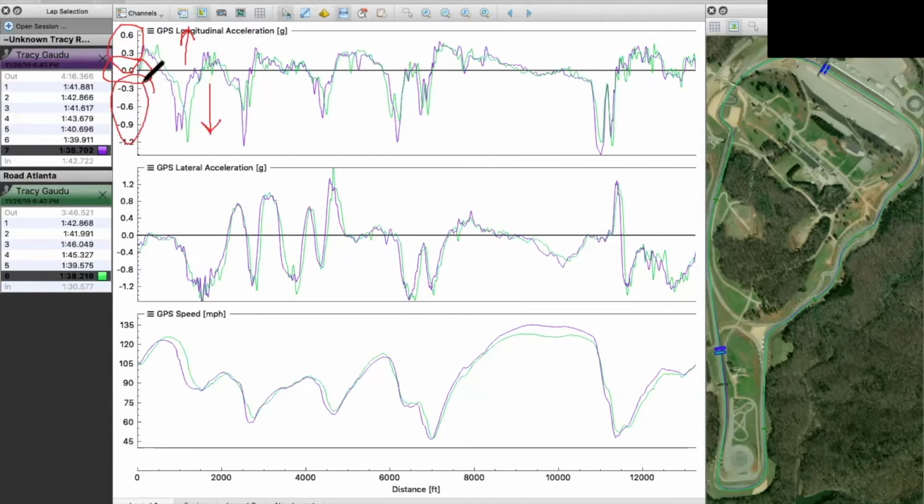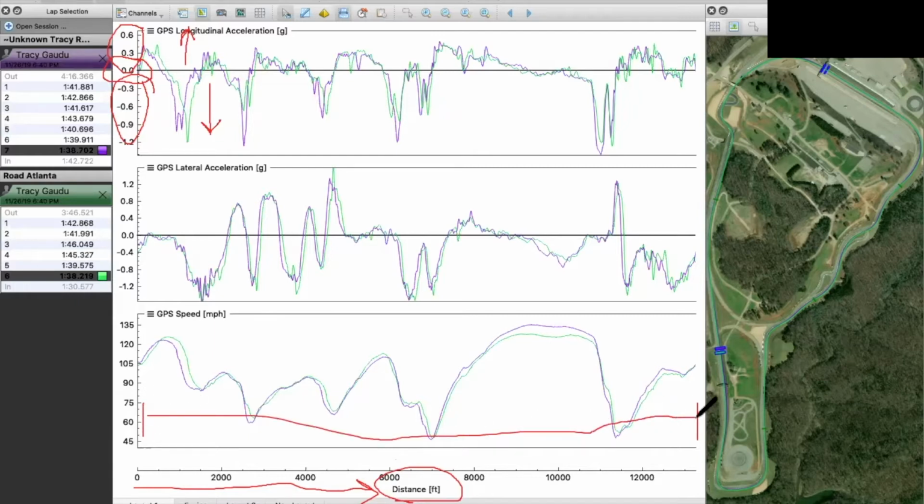That's pretty much standard across the board. What we see here is distance in feet, with the distance between here and here being one lap.